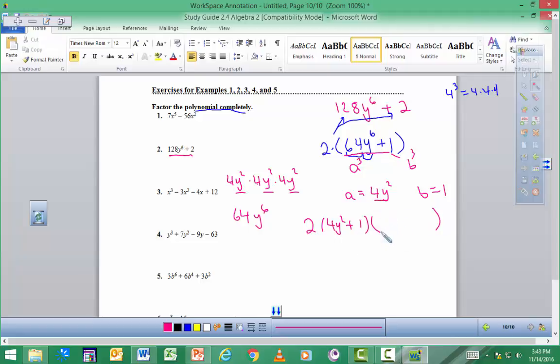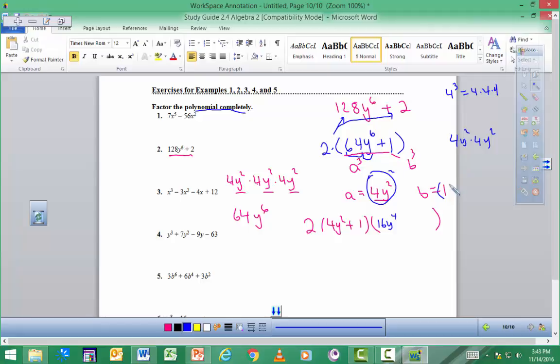And then how do you get these here? Well, to get the first one, you square this one. Now think about this for a second. Be careful here. If you were to square that, you'd have 4y squared times 4y squared. So you're going to end up with 16y to the 4th power.